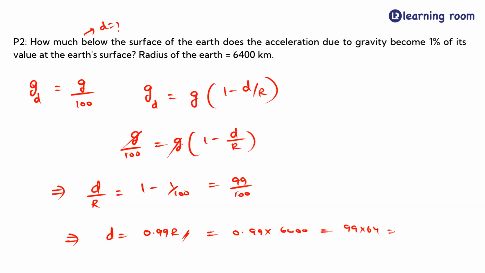So 0.99 into 6,400, whatever is the value, those many kilometers. Right, let me check what is the answer. Here it is 6336. 6336 kilometers. Okay.